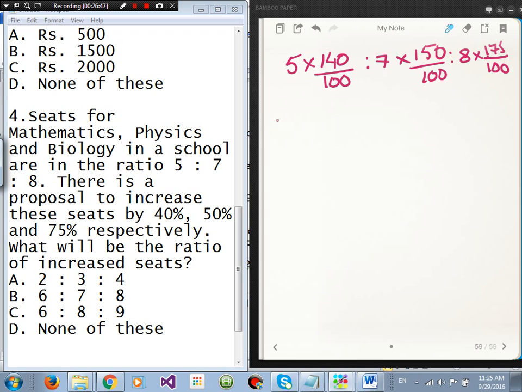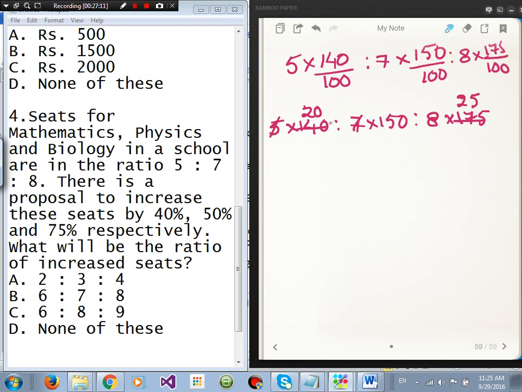In this case, 5 into 140, and 7 into 150, then 8 into 175. If we do the cancellation, simply 7 goes here, it is 20 times, and here 2 times and 5 times.